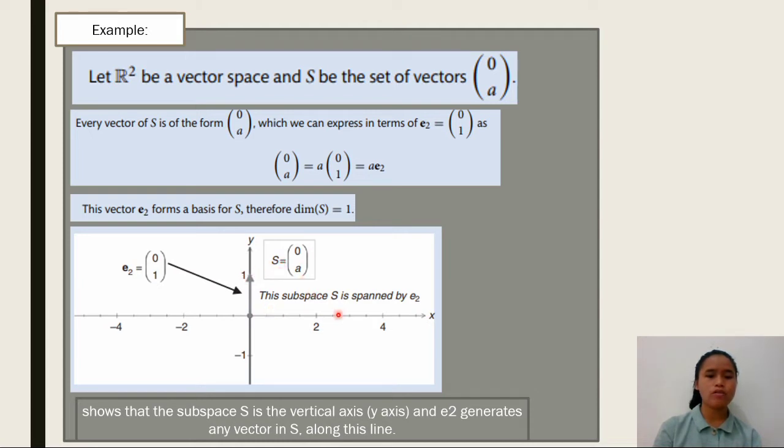This is a subspace that is spanned by e2. So the subspace S is the vertical axis, the y axis, and it generates any vector in S along this line, right?